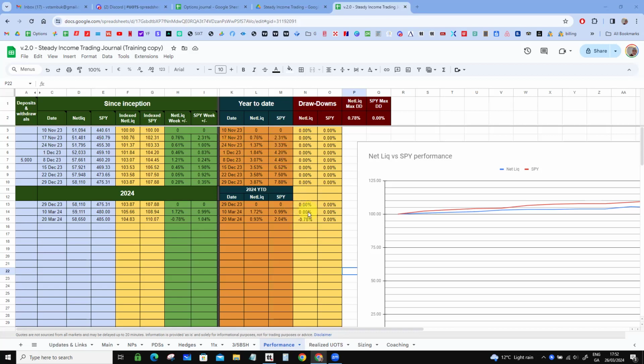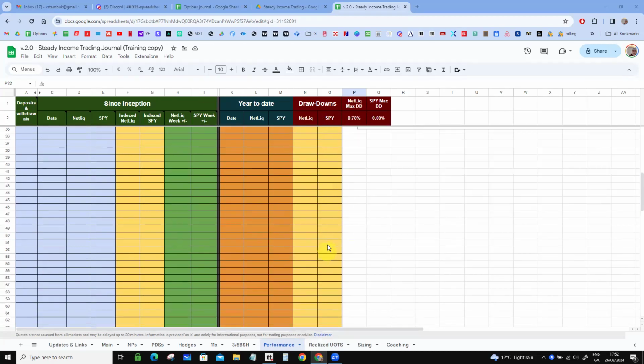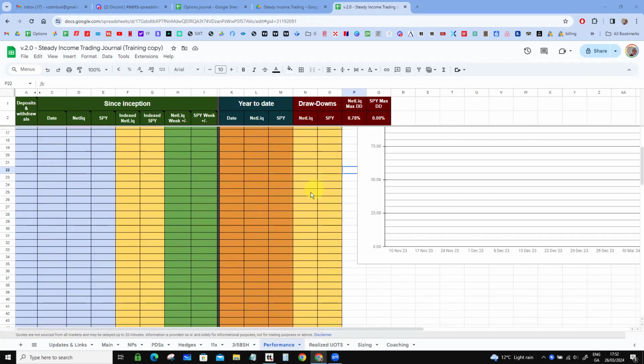It always calculates from the highest point before to the current point. So if it's steadily going up, obviously the drawdown will be zero because it was never lower than the previous point. But it will also keep an eye here on the max drawdown over time. So it will take into account the whole history, and as you build this spreadsheet and you go on, you will have more columns.